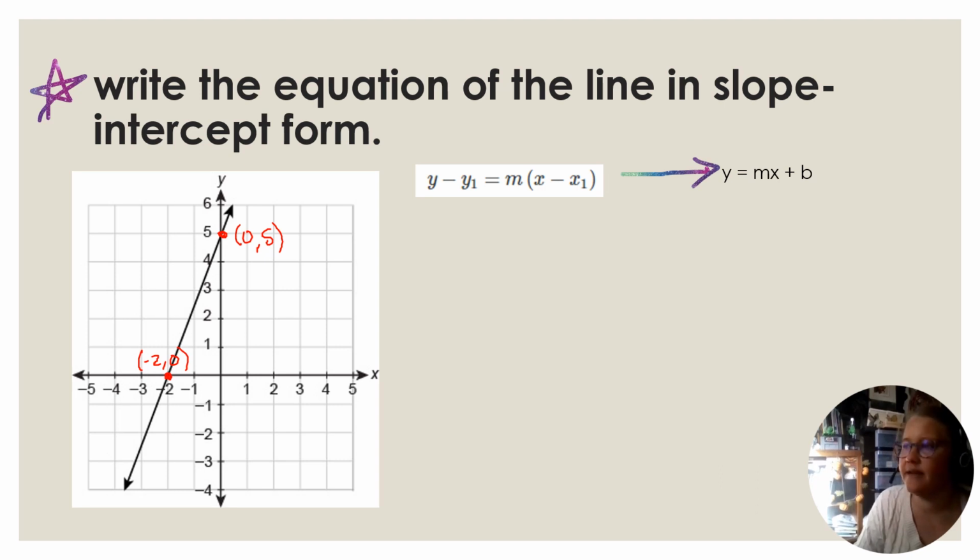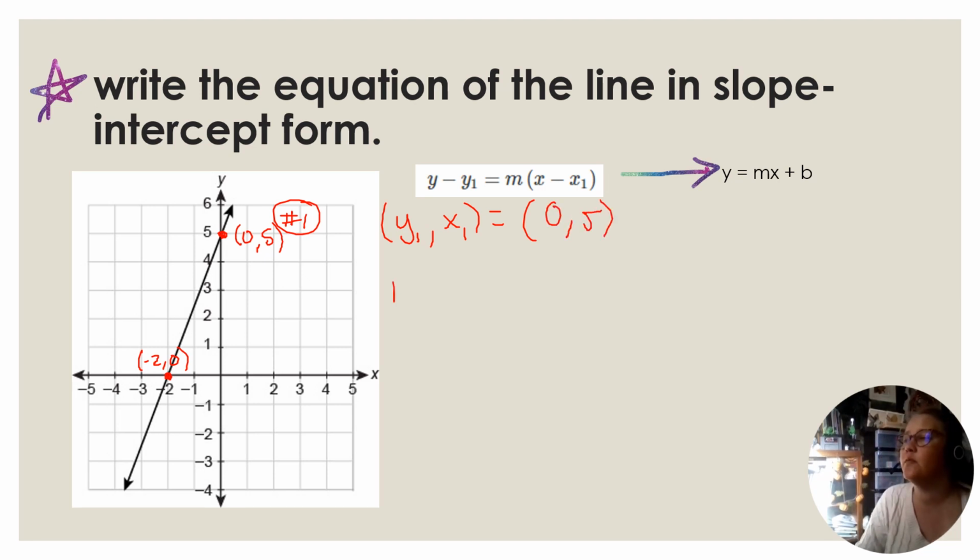Now, like I've said before, when we're dealing with positive, it does make things easier. Now, you could choose the -2, 0, but I'm going to go with 0, 5 this time for my y1, x1. So my y1, x1 ordered pair, I'm going to use 0, 5.